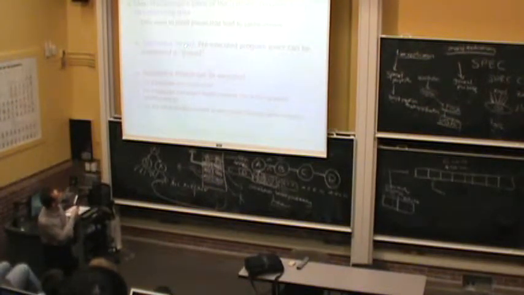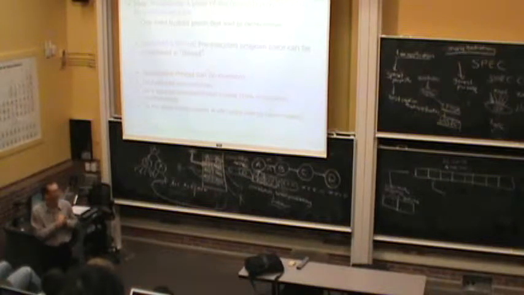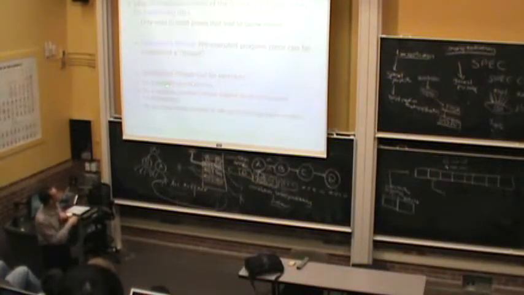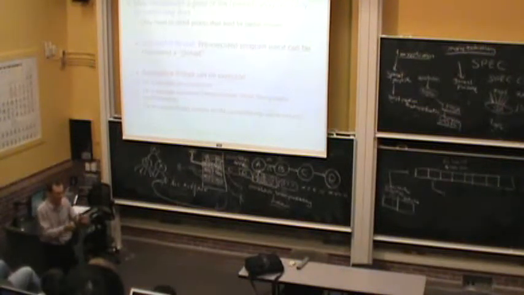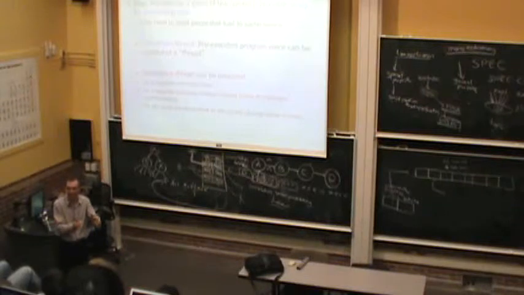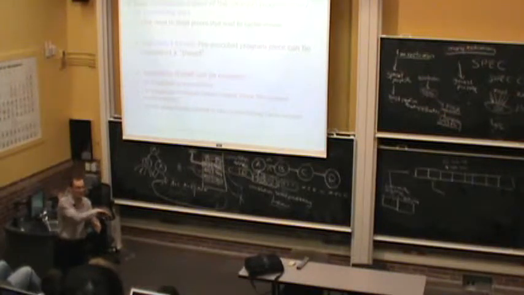And this is also called a speculative thread. This pre-executed program piece can be considered a thread, if you will. And it can be executed in different places. It could be executed on a separate processor core, if you have another one. While you're executing the main program in this core, the main program can say, spawn this thread that will prefetch for me in this other core.